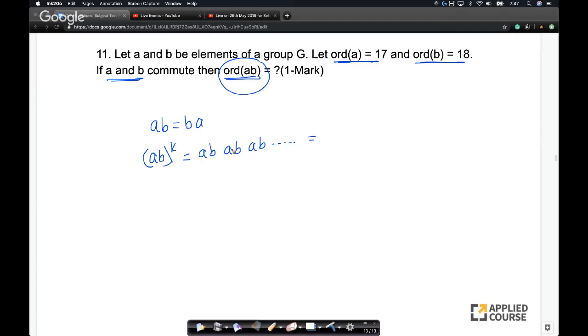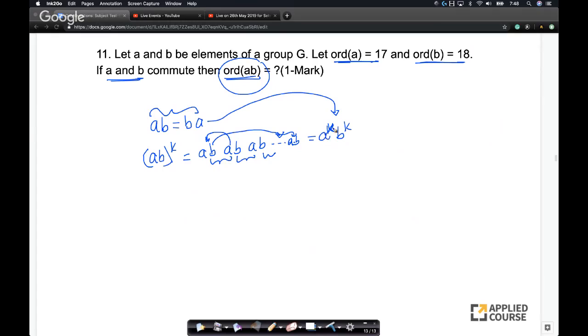Because A and B commute, I can move the A's next to the first A and all the B's next to the last B. By repeatedly applying the commutative property, I can write it as A^k B^k.